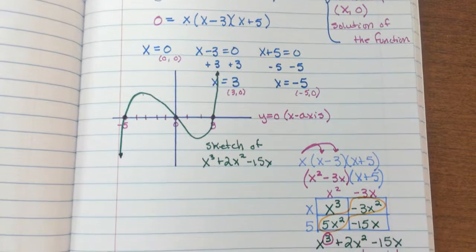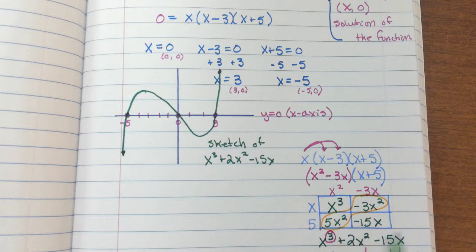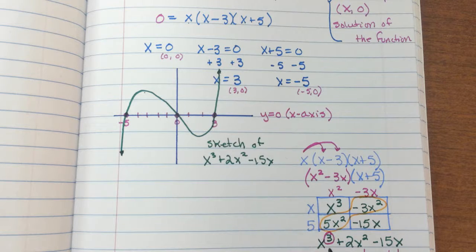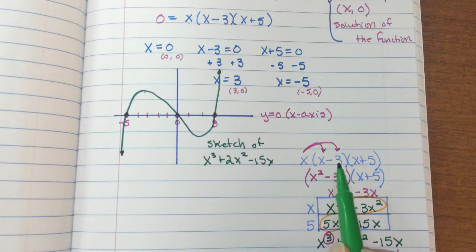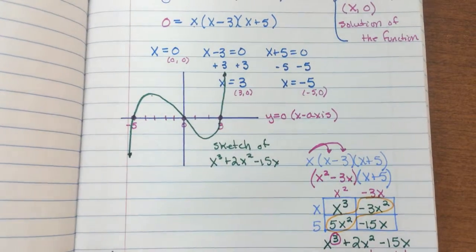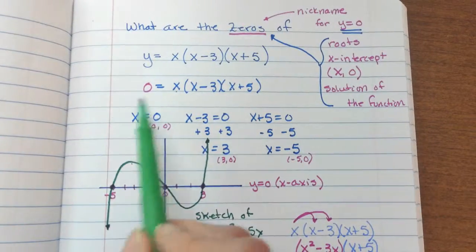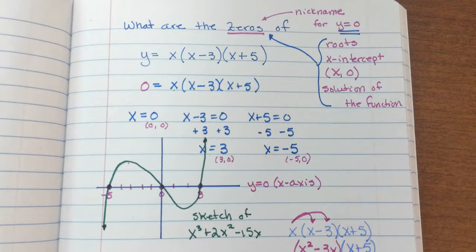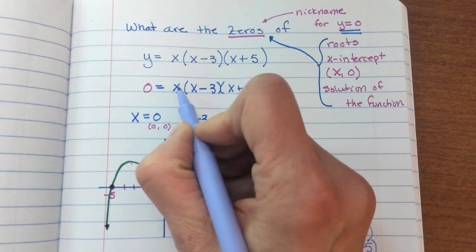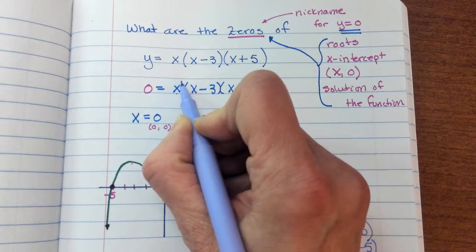The last thing I want to point out is I do not need to multiply all these terms together in order to figure out what degree it is. Let's look up here at the top. If I were going to write the degree of this x, it's a degree 1.